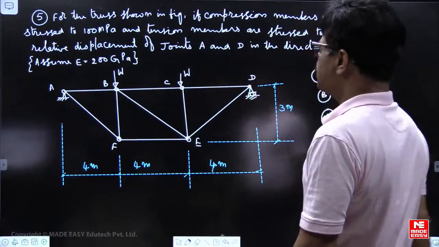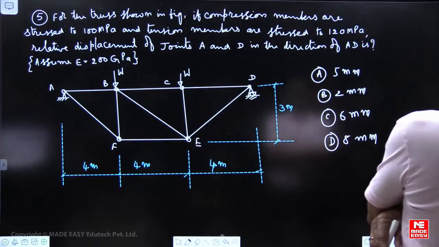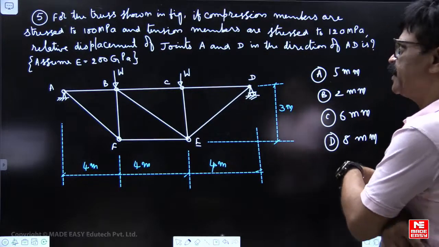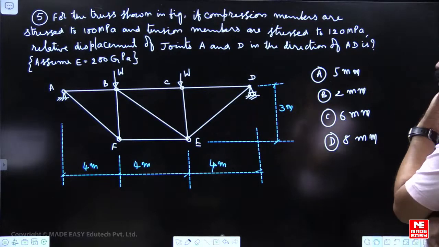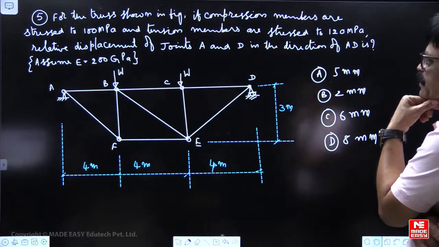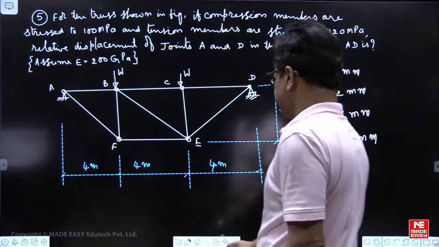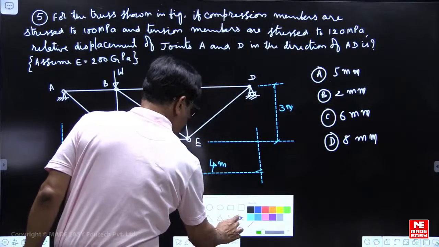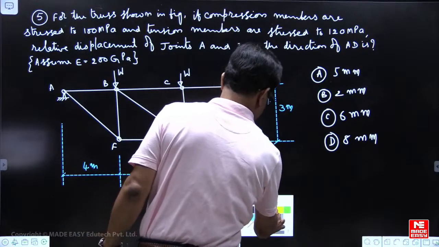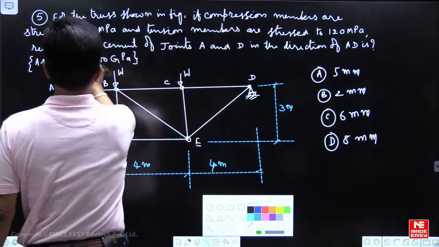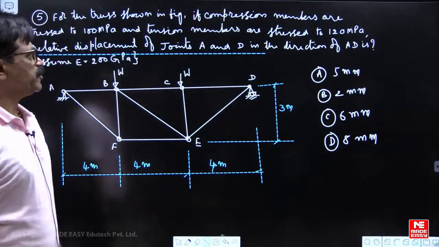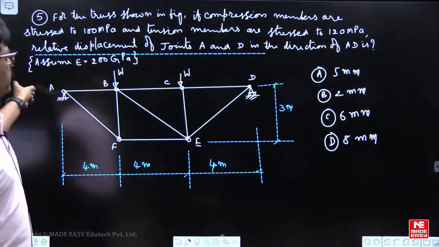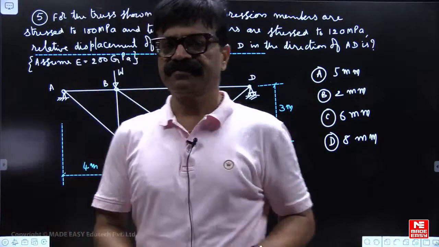For the truss shown in figure, if compression members are stressed to 100 MPa and tension members are stressed to 120 MPa, find the relative displacement of joints A and D in the direction of AD.